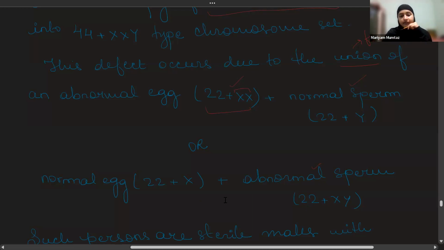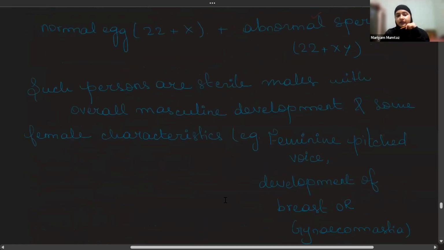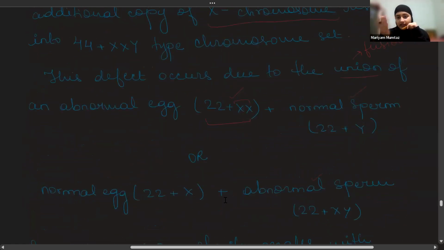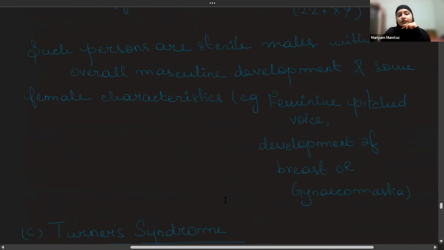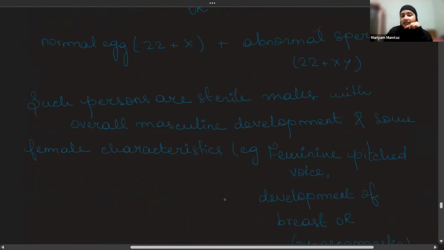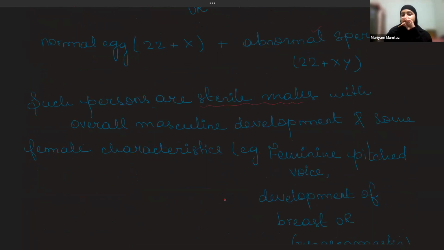All right, very good. Now, those people that are a product of this type of faulty fusion are sterile males. They can't reproduce, first of all.